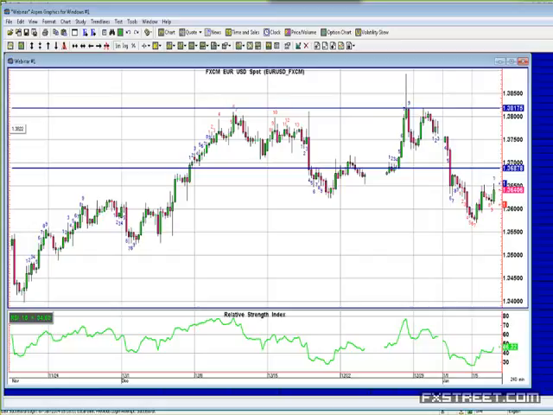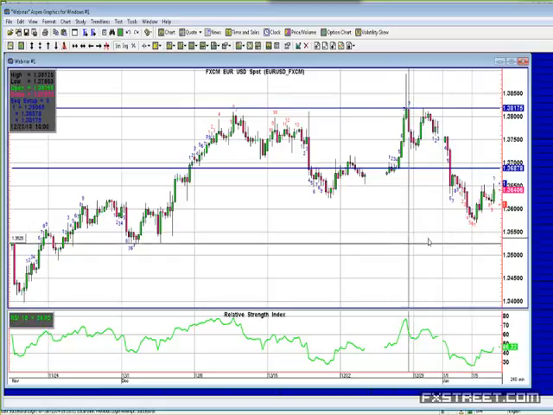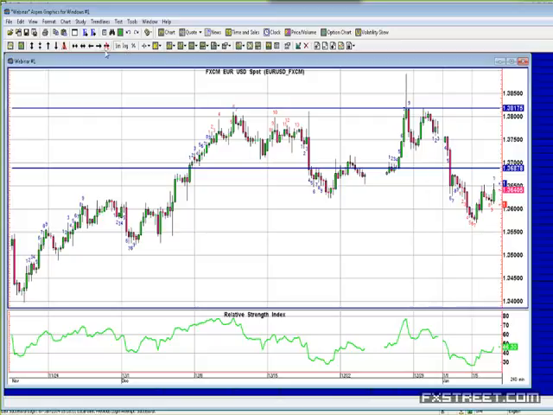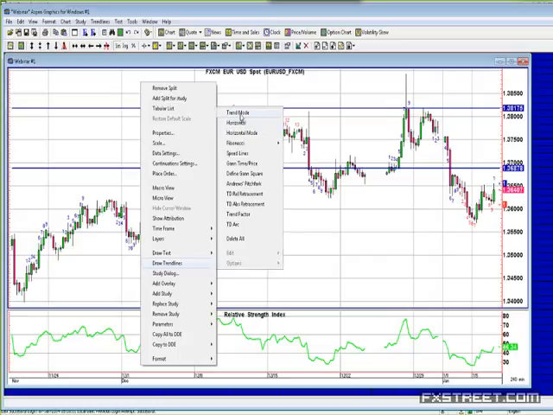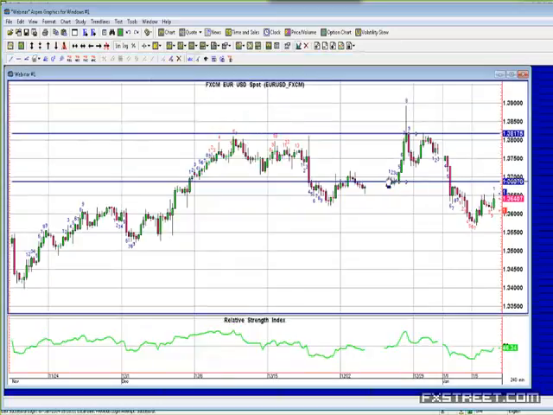Now, looking at this, this is a 120-minute chart. We said about this being a 3-wave correction. Let's just get the trend line. This was support, now it becomes resistance.